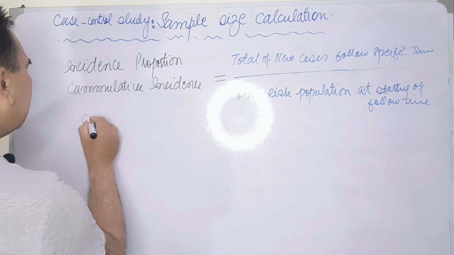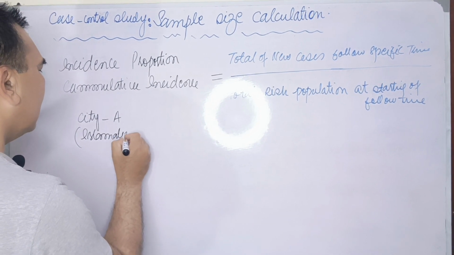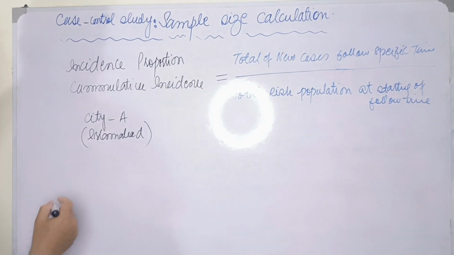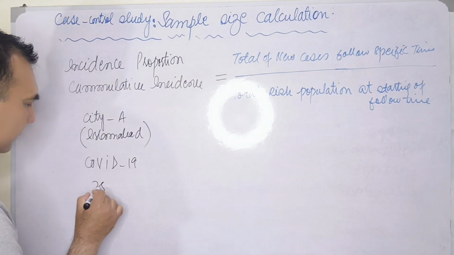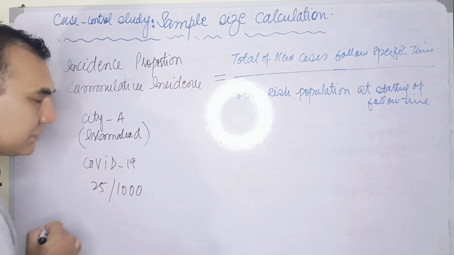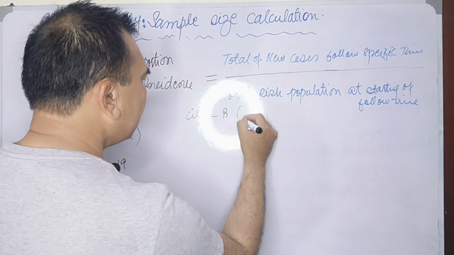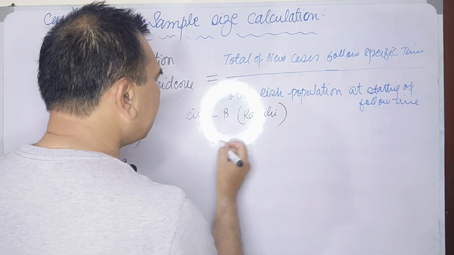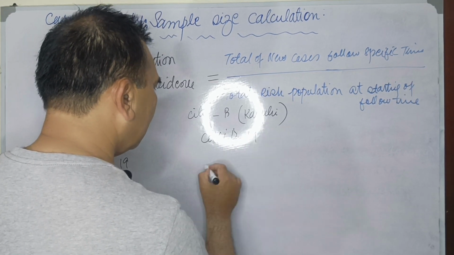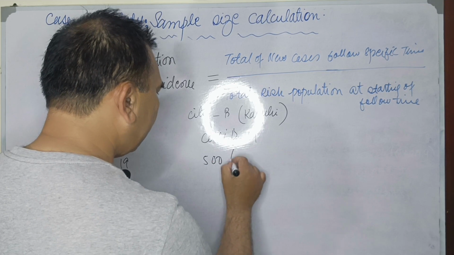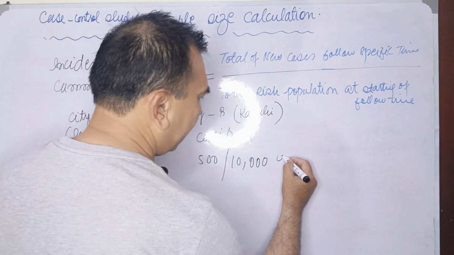Suppose city A, or you can say Islamabad, has an incidence rate of the coronavirus COVID-19 of 25 per 1000, and city B, Karachi, has an incidence rate of COVID-19 of 500 per 10,000 per year.